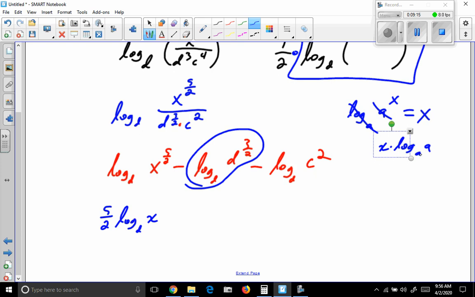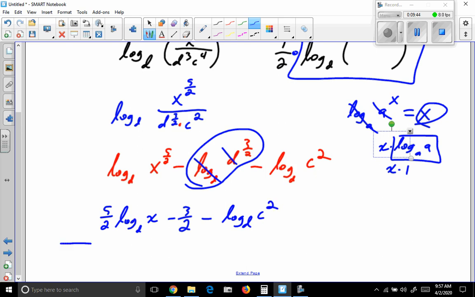A to the first power makes a. So that would equal 1. So we would get x. But it's best to just use the property that if you have this base and that base are the same, those cancel, leaving the exponent. So here, this base and that base are the same, so that leaves us minus 3/2. These bases are not the same, so they don't cancel each other out. So we leave that like this.